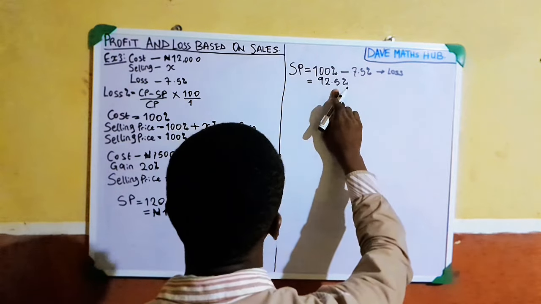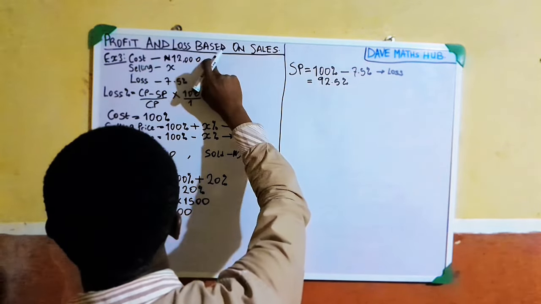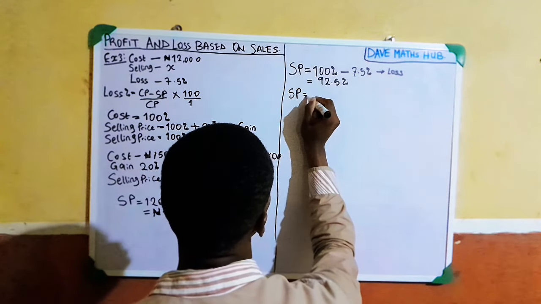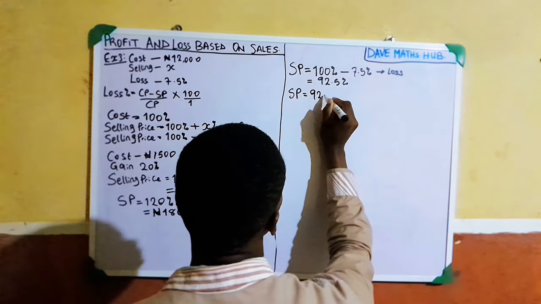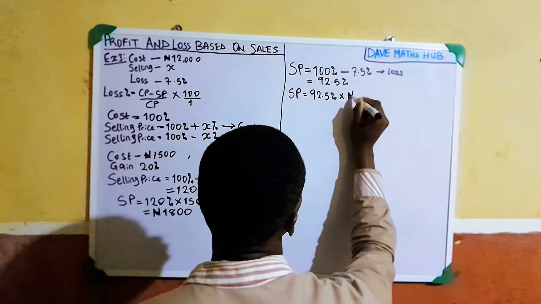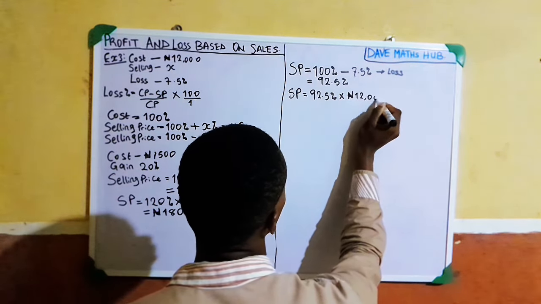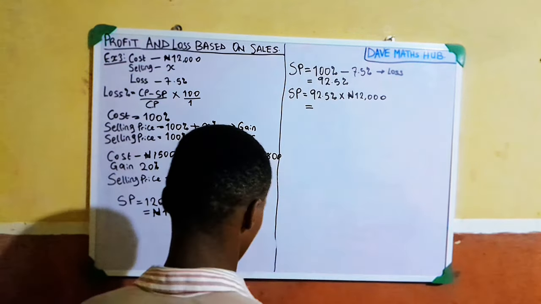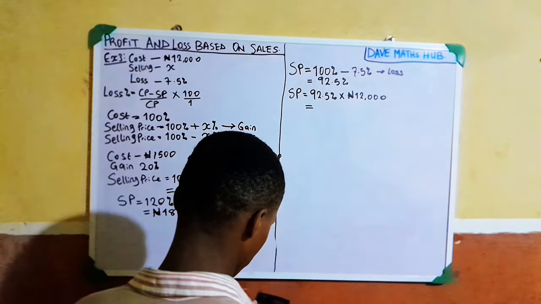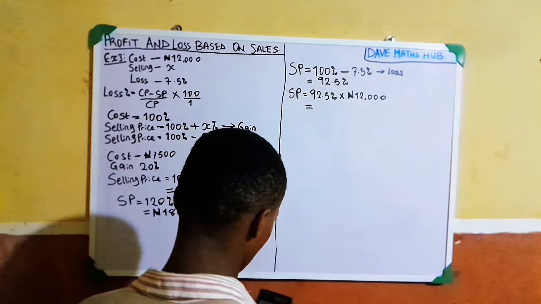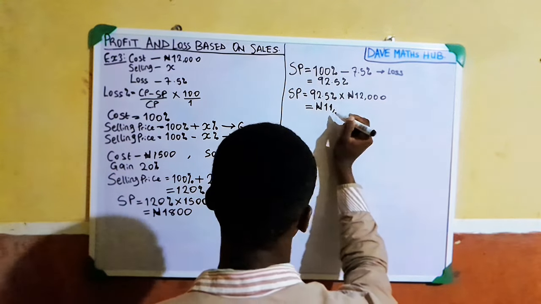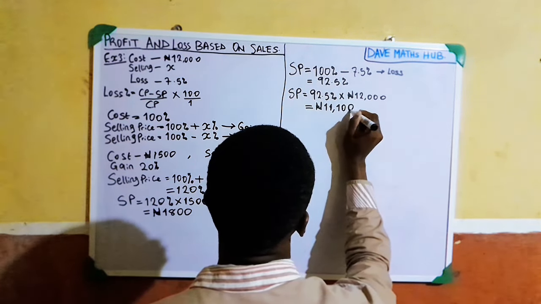This 92.5% now will be used against the cost price to get the selling price figure. Selling price figure will be 92.5% times 12,000 naira. 12,000 naira times 92.5, which is 11,100.